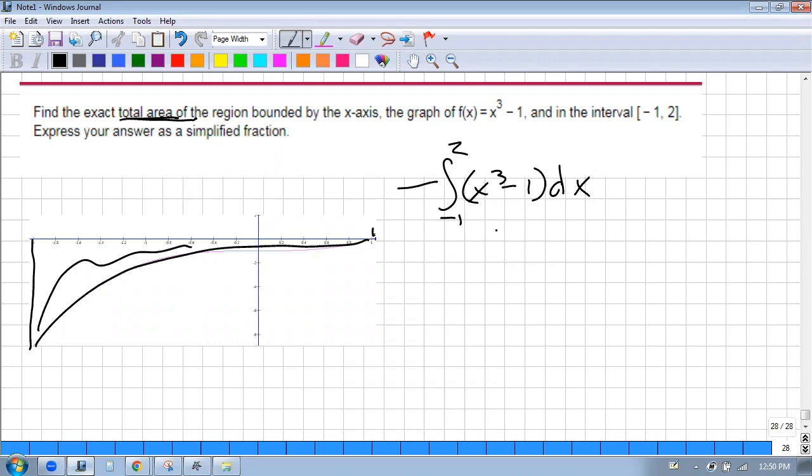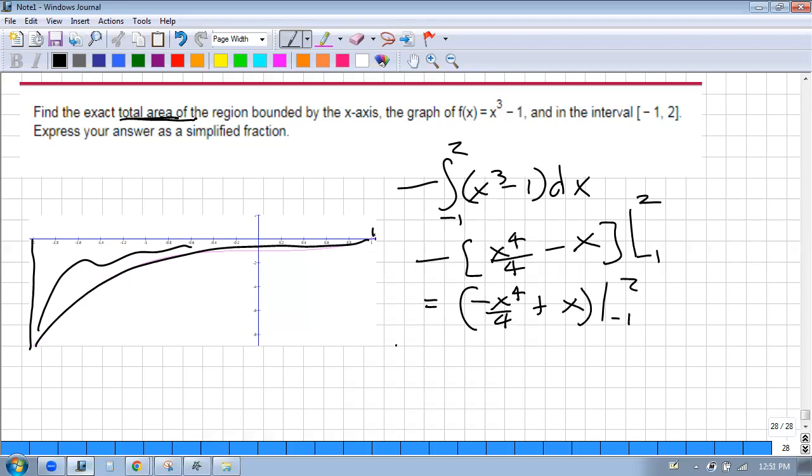So this would be negative x to the 4th over 4 minus x, evaluated from -1 to 2. So this would be negative x to the 4th over 4 plus x, -1 to 2. So we have negative 2 to the 4th over 4 plus 2 minus negative -1 to the 4th over 4 minus 1. 2 to the fourth over 4 is 2 squared, which is 4.